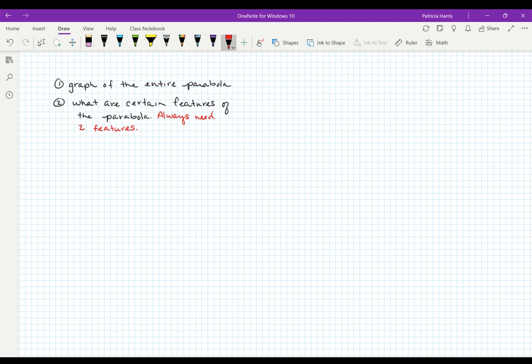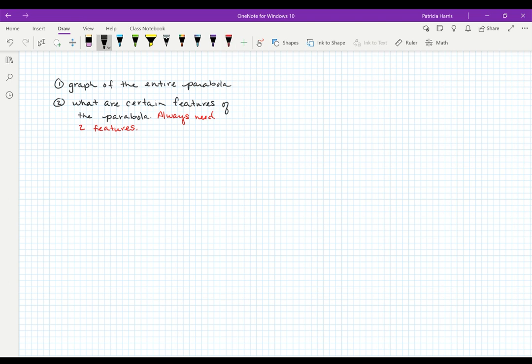So they could tell you where the vertex is and where the focus is. They could tell you where the focus is and where the directrix is. Things like that. They can tell you the width and then the vertex. But they have to tell you two things. So let's go with situation one.